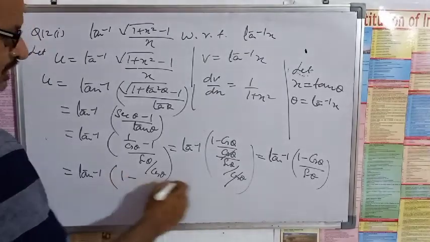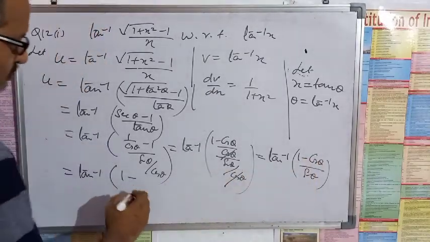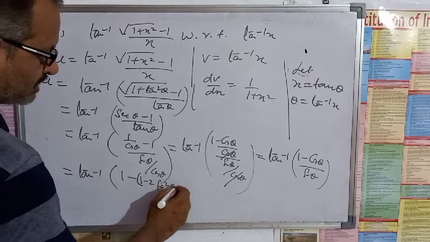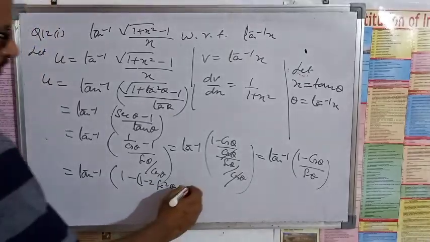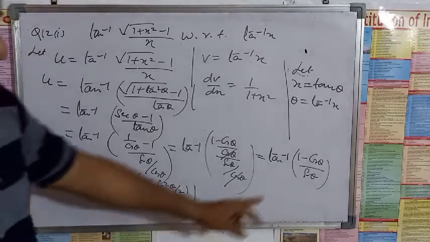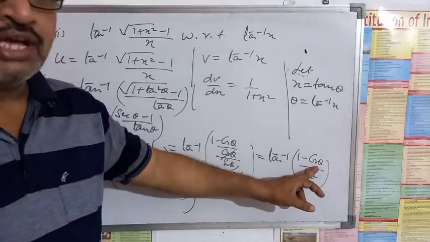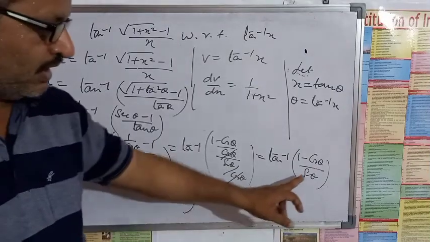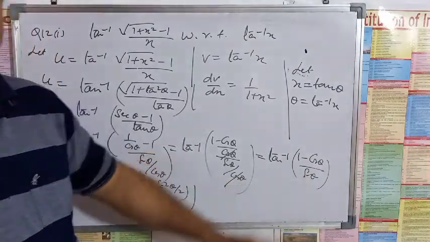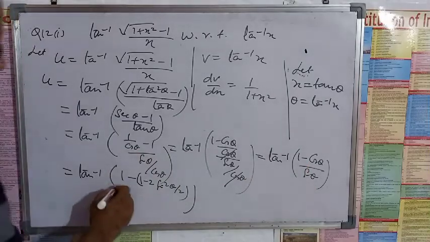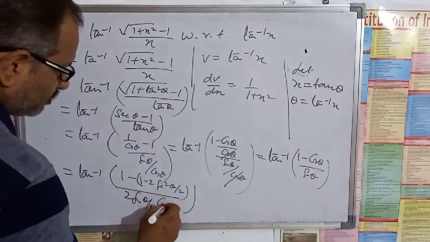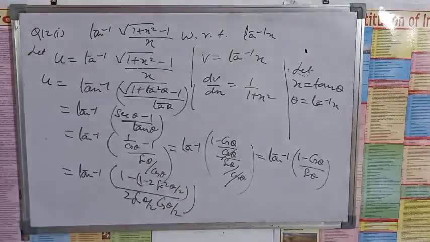The formula of cos theta in terms of sine is 1 minus 2 sine square theta by 2. So 1 minus cos theta becomes 2 sine square theta by 2. And sin theta can be written as 2 sine theta by 2 cos theta by 2.